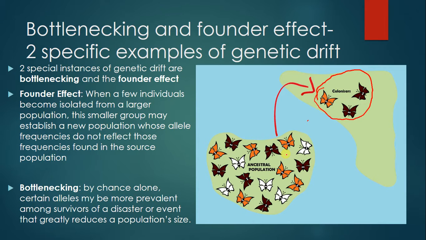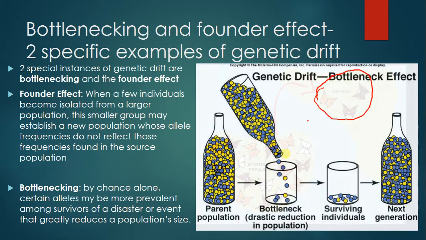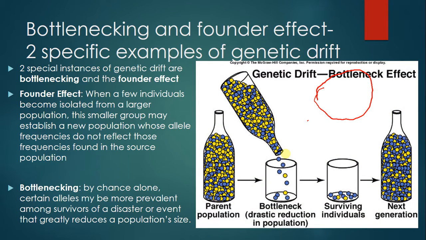The second specific example of genetic drift is called the bottleneck effect. This is when a crisis, a disaster, or some event happens that greatly reduces the population size. And just by chance, not because of fitness or adaptation, the survivors express a phenotypic ratio that isn't reflective of the parental population.